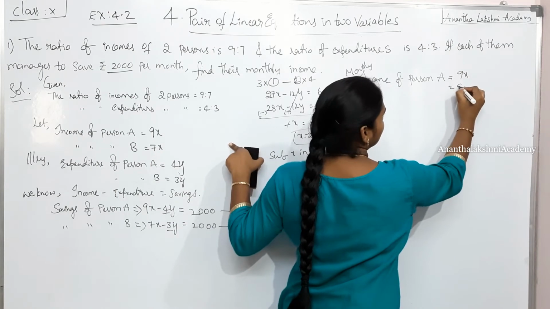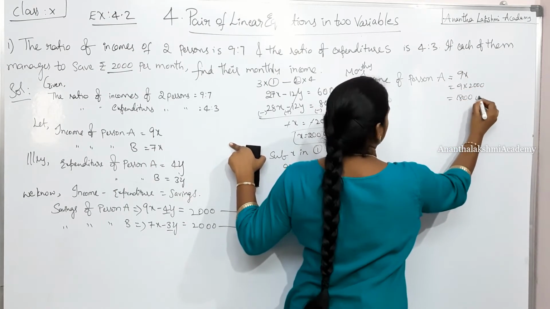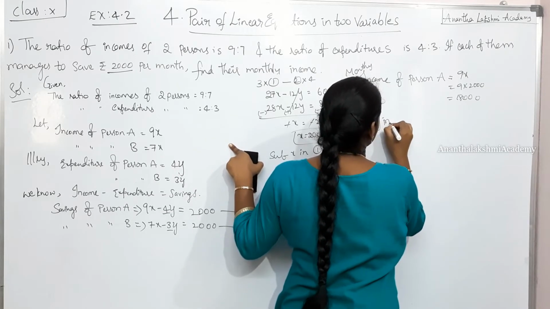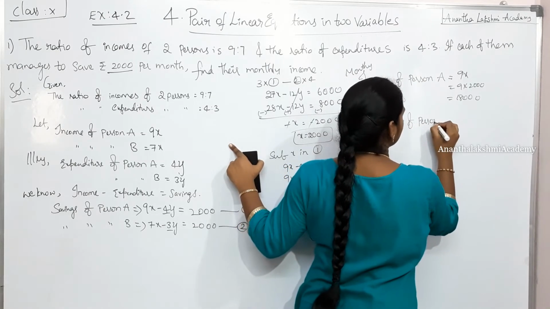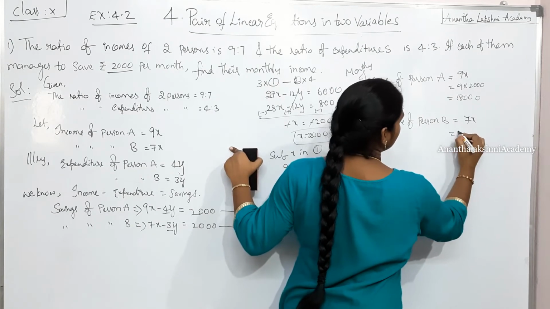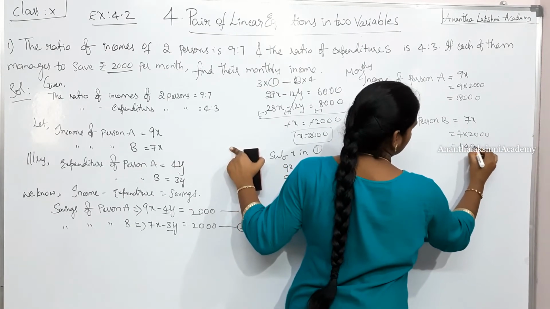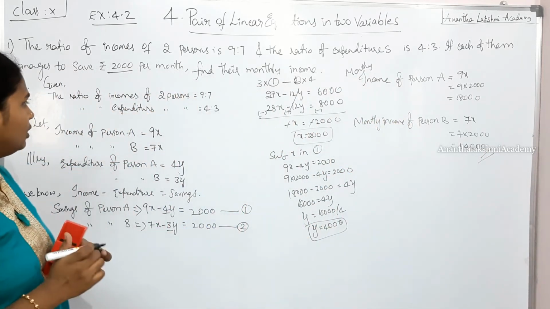X is 2000, which is nothing but 18,000. Now, similarly, monthly income of person B is equal to 7x, which is nothing but 7 2s are 14,000.